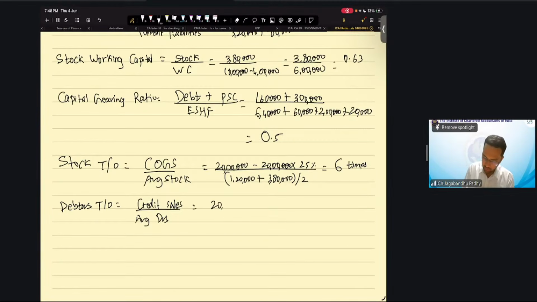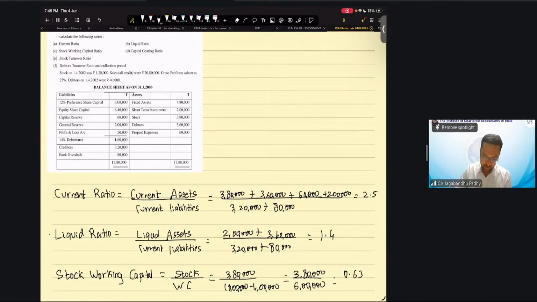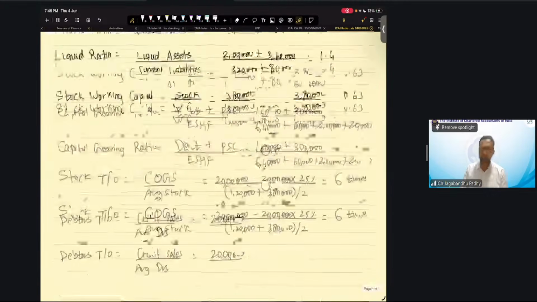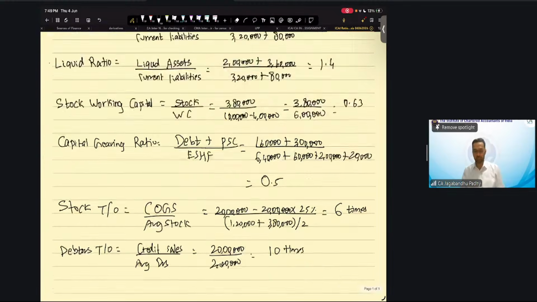So credit sales is 20 lakh upon average debtors. What's the value of average debtors? We have the debtor value as 3,60,000 and 40,000. So average is 2 lakh. So debtors turnover is going to be 10 times.